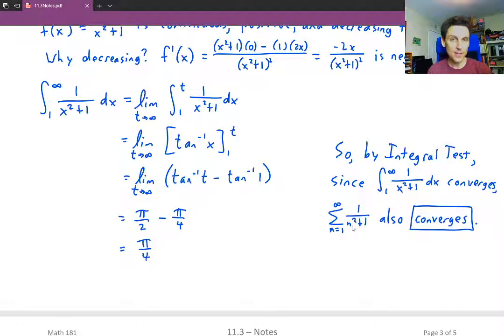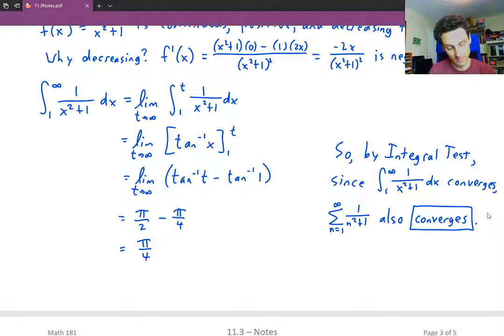Remember, they have different areas. When you're thinking about imagining what the series looks like, it's the sum of a bunch of rectangles that have width 1. But the integral is the area under a curve. So the areas are going to be a little bit different. Just because the integral converges to pi over 4 doesn't necessarily mean that the series is going to converge to pi over 4.